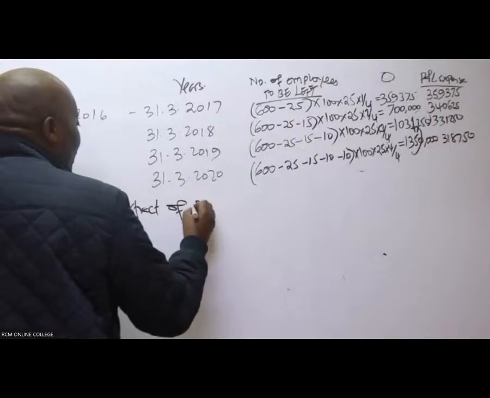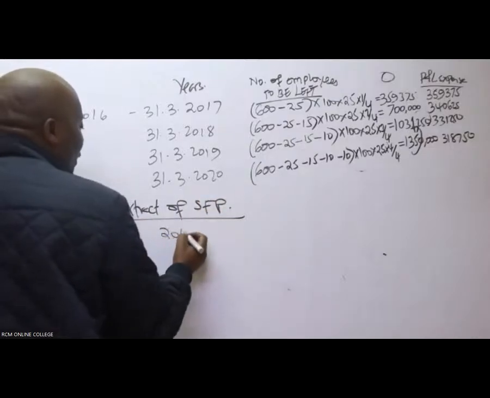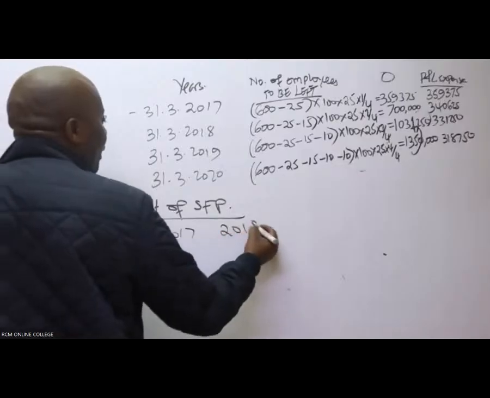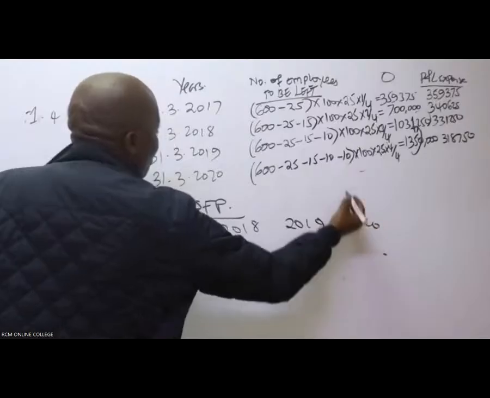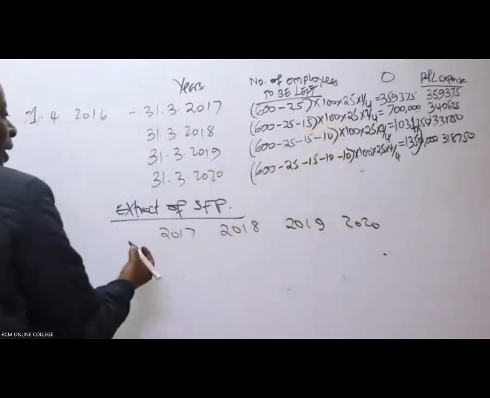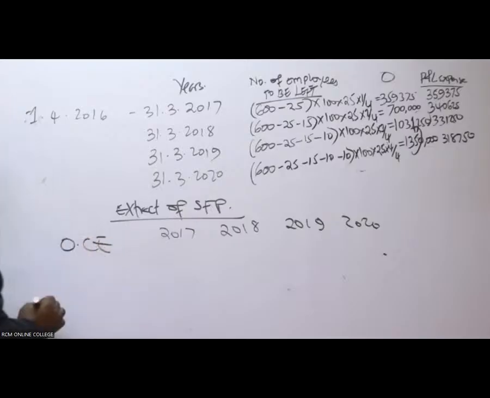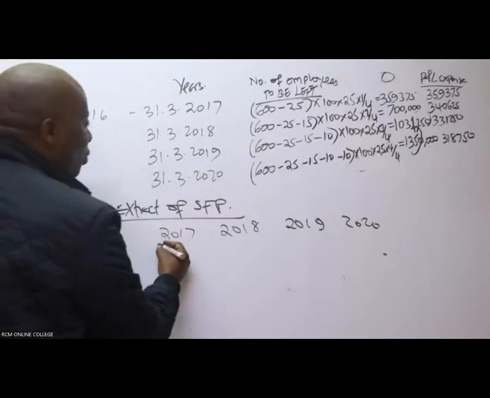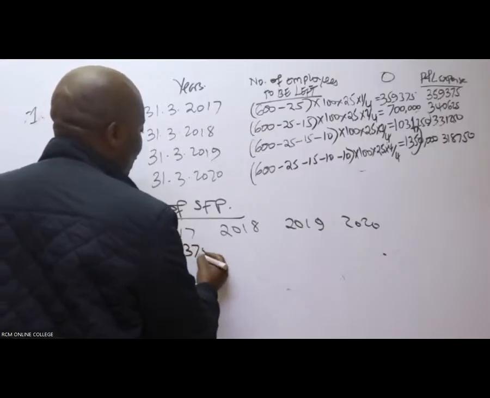Extract of what year statement of financial position. So we have the year 2017, we have 2018, 2019, 2020. So simply copy the figures the way they are given there. So we have here other components of equity. We have here 359,375.